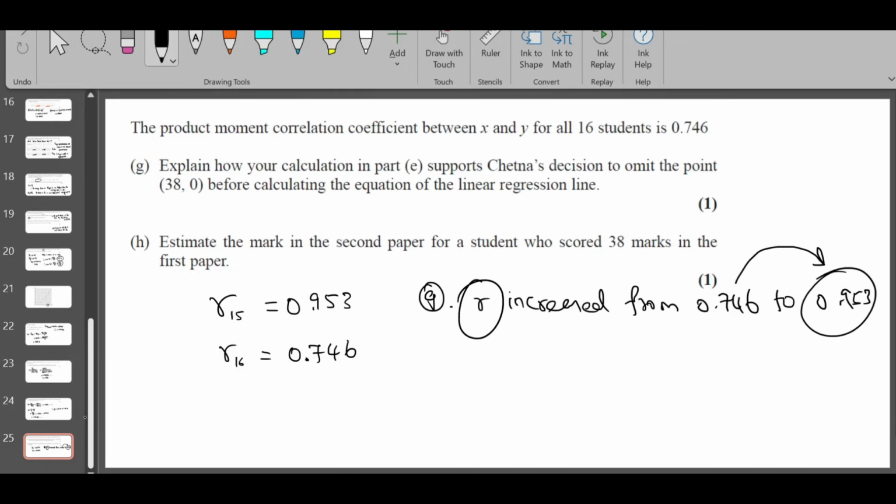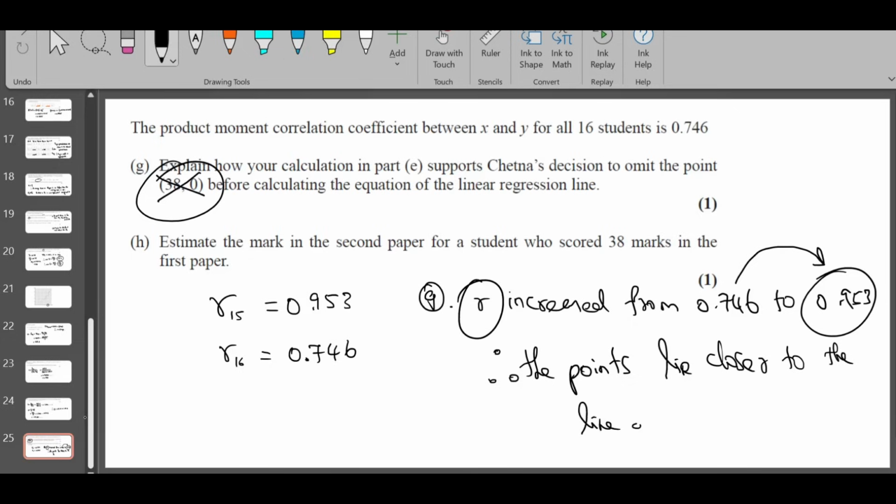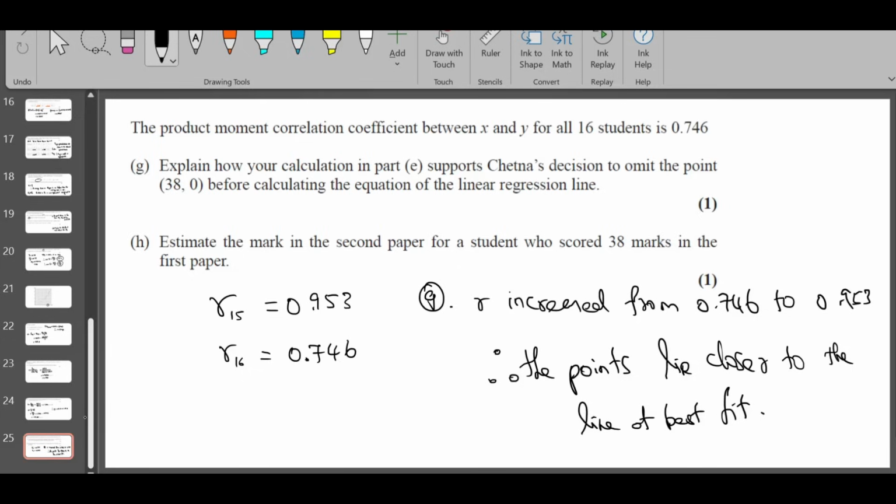So because we are omitting this point, the value of r increased, and the rest of the points will be closer to the line of best fit. So you need to write, therefore the points lie closer to the line of best fit. Okay, so that's the explanation here.